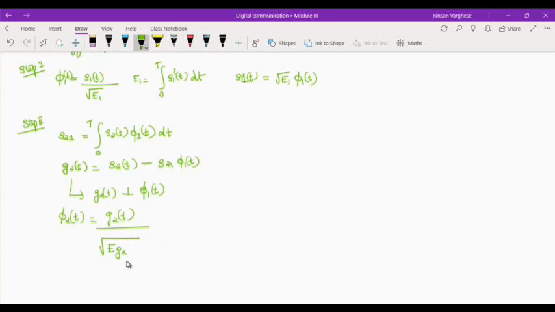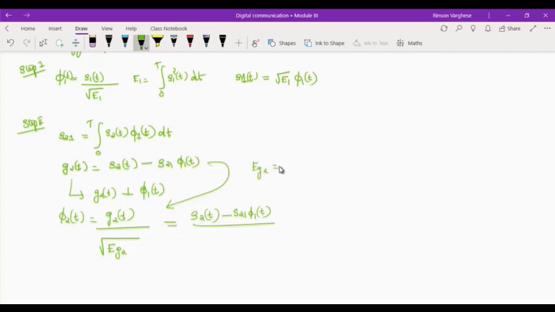Now to find the third basis, again I need to find the contribution of the third signal in the first basis and second basis, subtract that from the third signal, and that will give you the third basis. Okay, so I can substitute these things here. So phi 2 of t is S2 of t minus S21 phi 1 of t, divided by root of EG2.